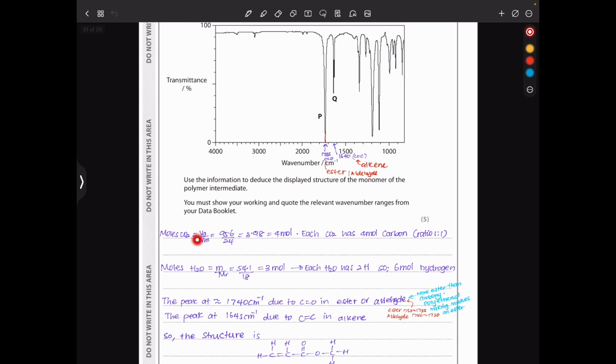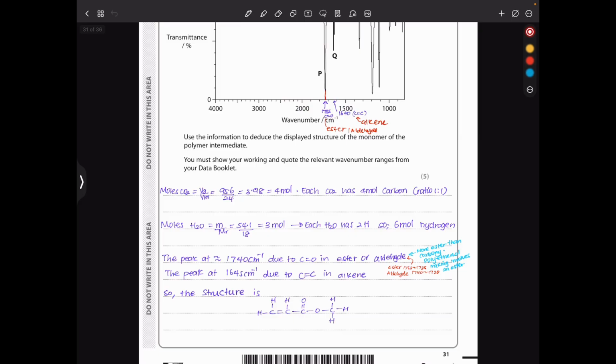For carbon dioxide, we have the volume of gas given and the molar volume. I got 3.98, which is roughly 4 moles. Since each mole of carbon dioxide has 1 mole of carbon, the moles of carbon are 4. And for water, it's mass divided by 18, so we got 3 moles. Since each water has 2 hydrogens, the moles of hydrogen are 6.